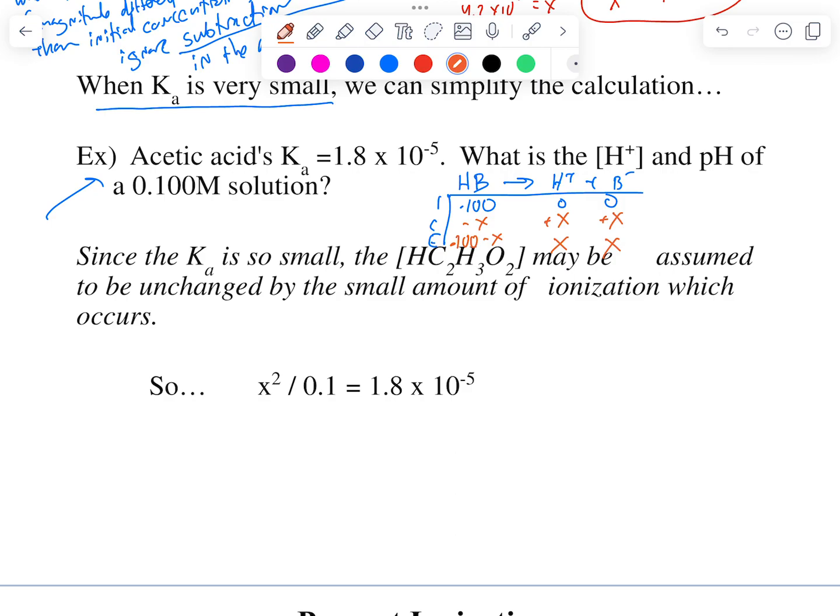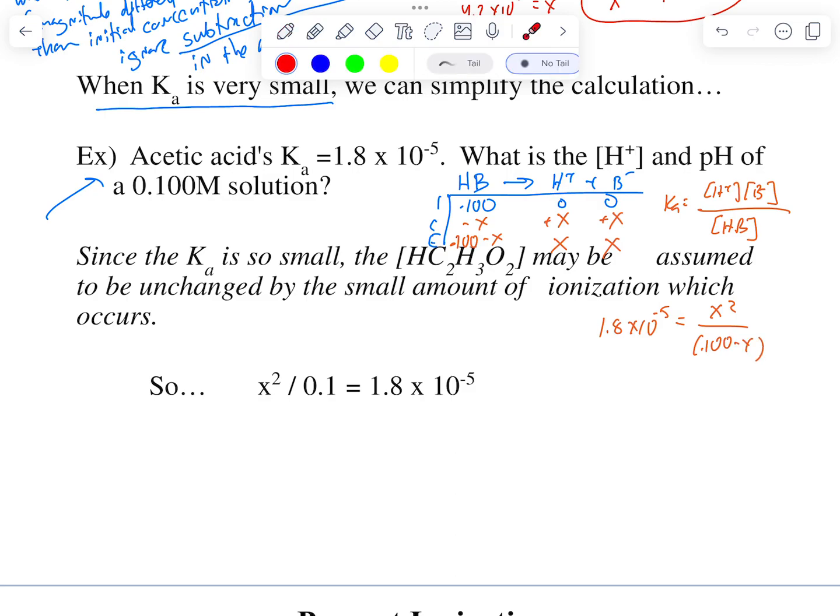Ka expression. The Ka will be the concentration of H plus times the concentration of B minus over the concentration of HB. We can plug in the values that we have, and we have Ka. So 1.8 times 10 to the negative fifth will be equal to x times x over quantity 0.1 minus x.